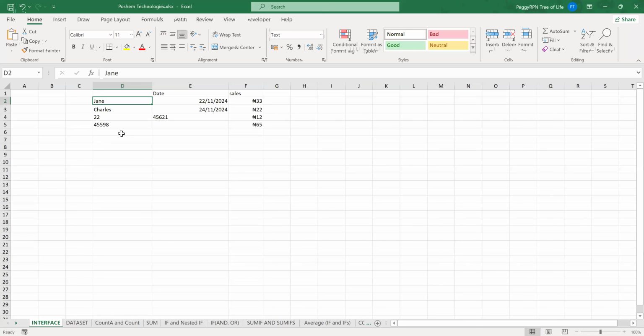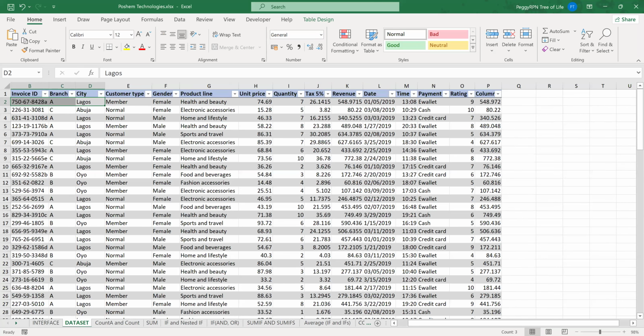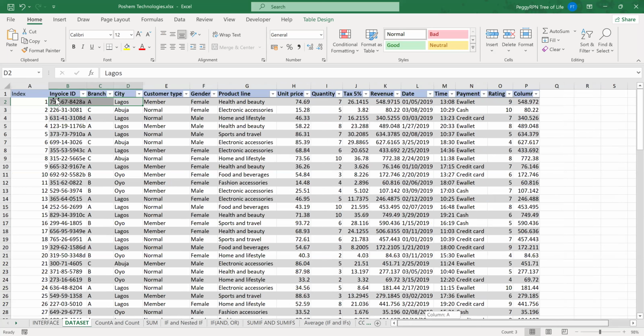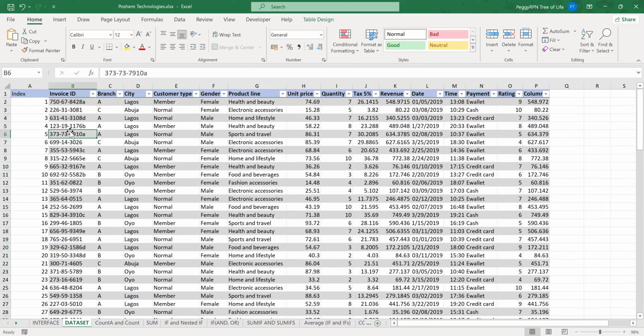All right, so the first thing you want to do as a data analyst is not just to start analyzing, no. Inspect your data first. Check every column. Check every single column. Index, numbers, aligned to the right. Invoice ID. This one is an ID, so it can be left as text.